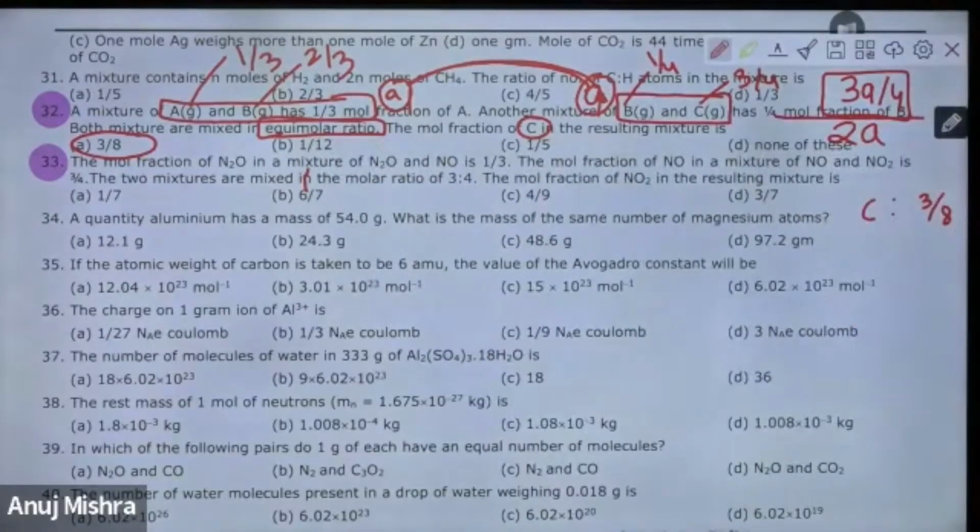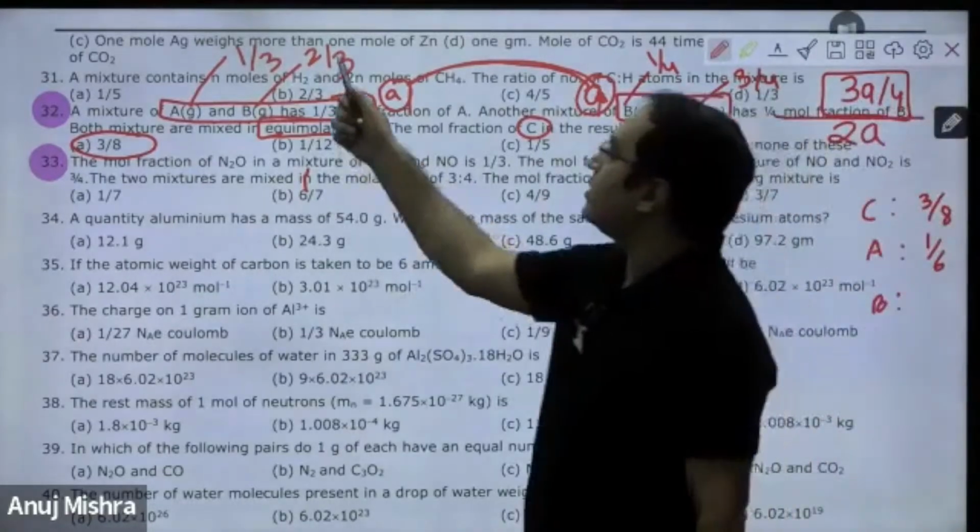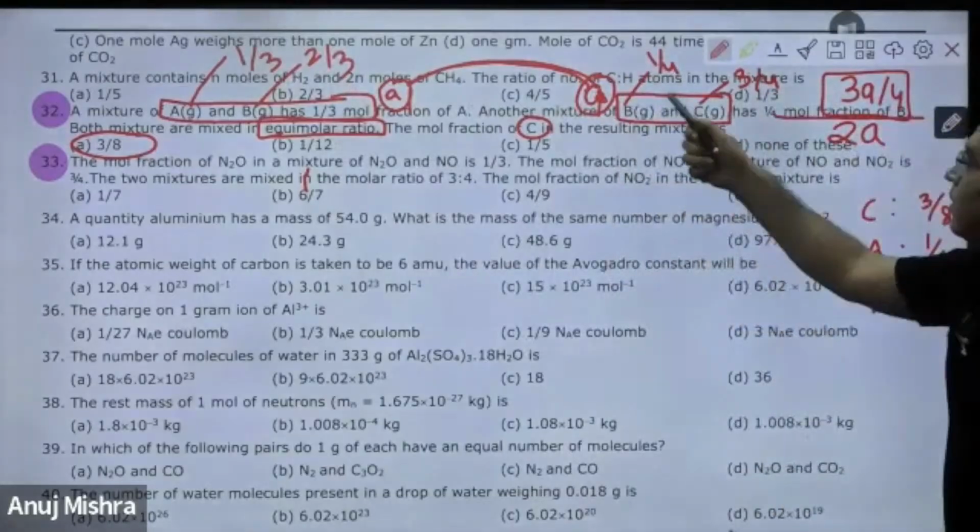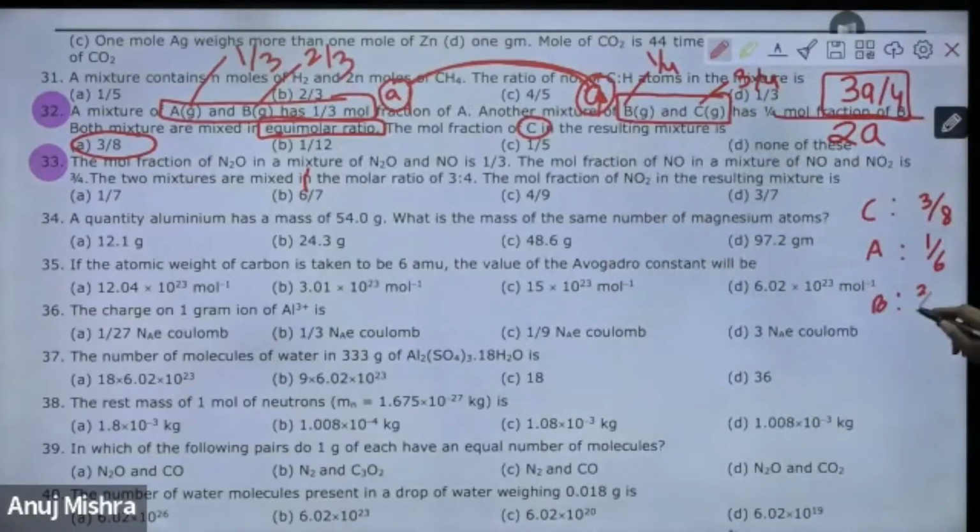Is that okay? A by 3 upon 2 is what? 1 by 6. How much is B? So B is, you can say 2 by 3 and then 1 by 4. 2 by 3 plus 1 by 4 divided by 2. कितना होता है number? Can you solve? 12. This is what? 8 plus 3, 11. 11 by 12, 24. 11 by 24.